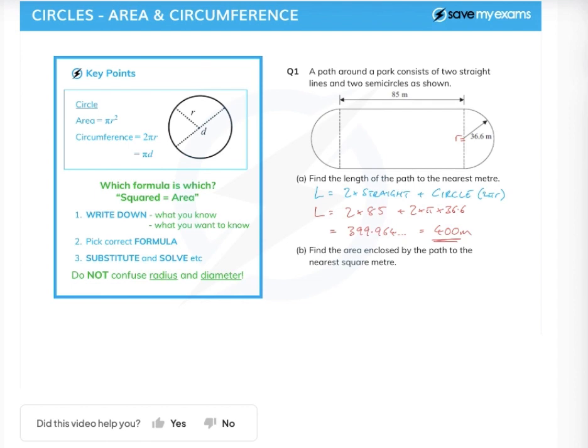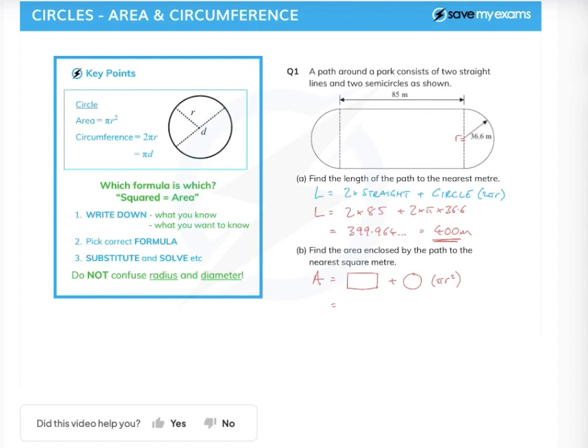We're then asked to find the area enclosed by the path, this time to the nearest square meter. Now it's always a good idea to write down what we're doing, so I'm going to say the area is a rectangle plus 2 semicircles again, and this time 2 semicircles make a whole circle, and this time that's pi r squared.